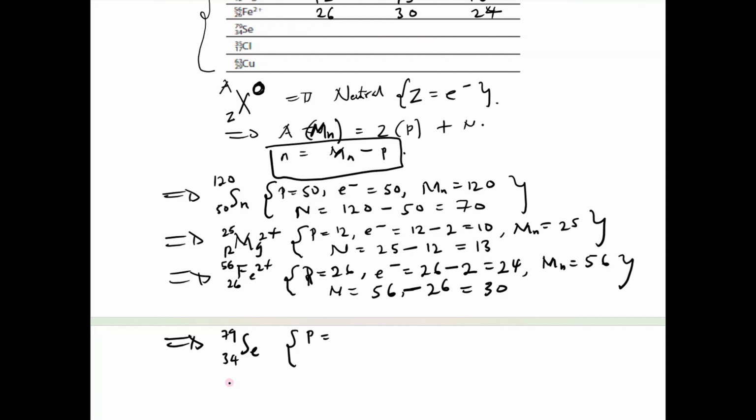Selenium has a proton number of 34, while the number of electrons in a neutral selenium is 34. The mass number of selenium is 79. Now the number of neutrons found in selenium will be 79, which is the mass number, minus the proton number, which is 34.